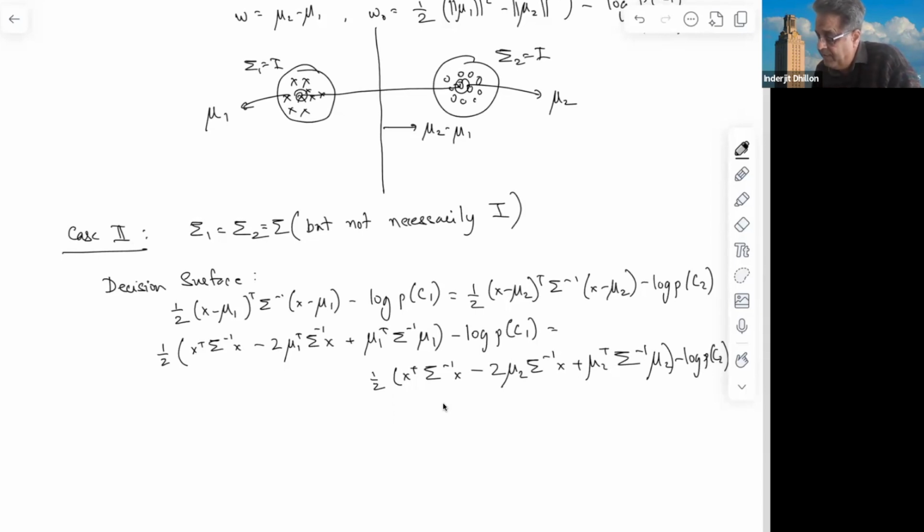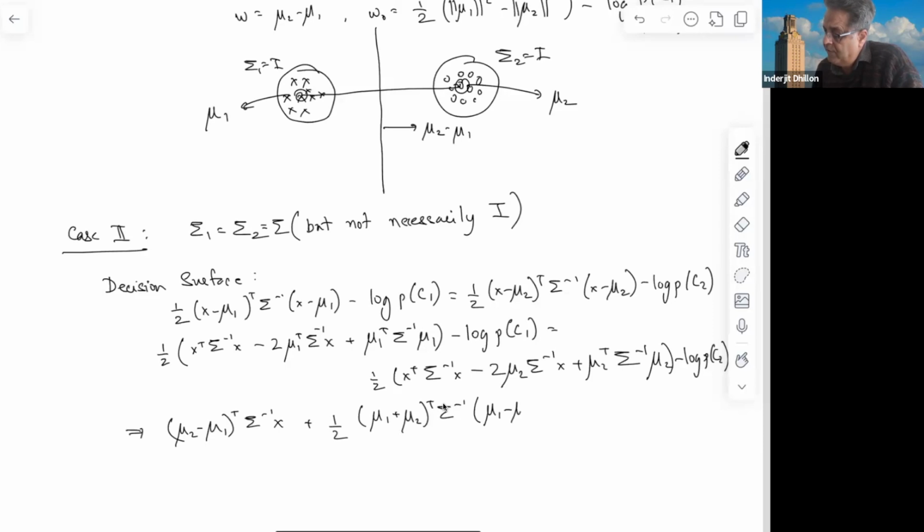So this means that I have mu2 minus mu1 transpose sigma inverse x plus 1/2 of, I can write this as mu1 plus mu2 transpose sigma inverse mu1 minus mu2.